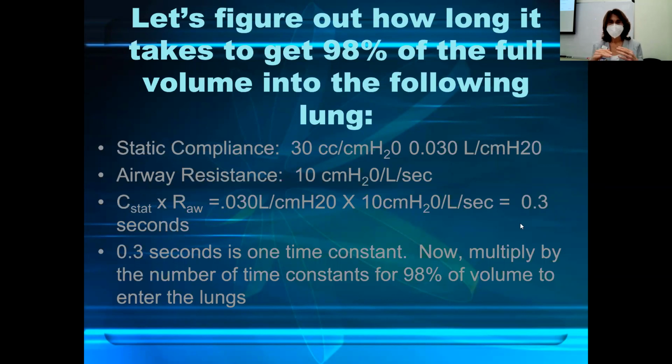And on the test, it'll say, figure out how long for 4 time constants or 98% of volume. So then you would just multiply the number you get times 4. I don't know if it asks you about 3, 2, or 1 time constant. Well, 1 is this formula. But it gives you almost all of the information. You just have to know how to plug it in and come up with a number. So 2 things you have to know about time constant: 1, the definition, and 2, the formula.